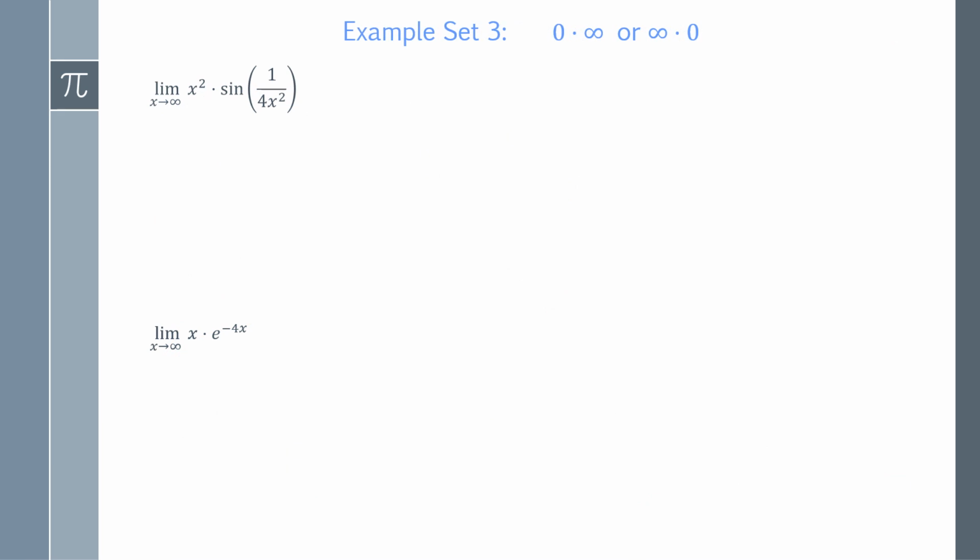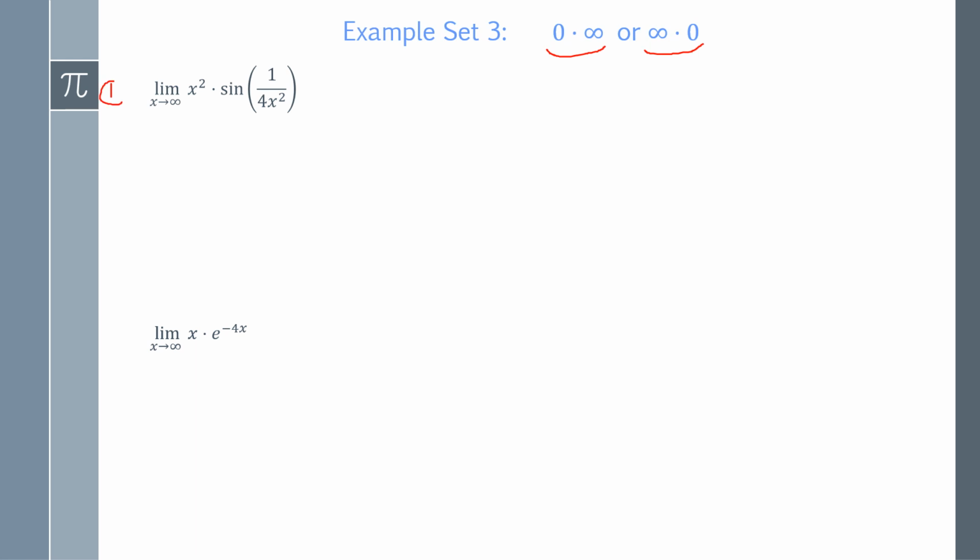Now let's take a look at some examples where we do not get one of the two standard forms. That is, we don't get 0 over 0 or infinity over infinity, but rather we get something like this. We get 0 times infinity or infinity times 0. Let's take a look at the first problem.